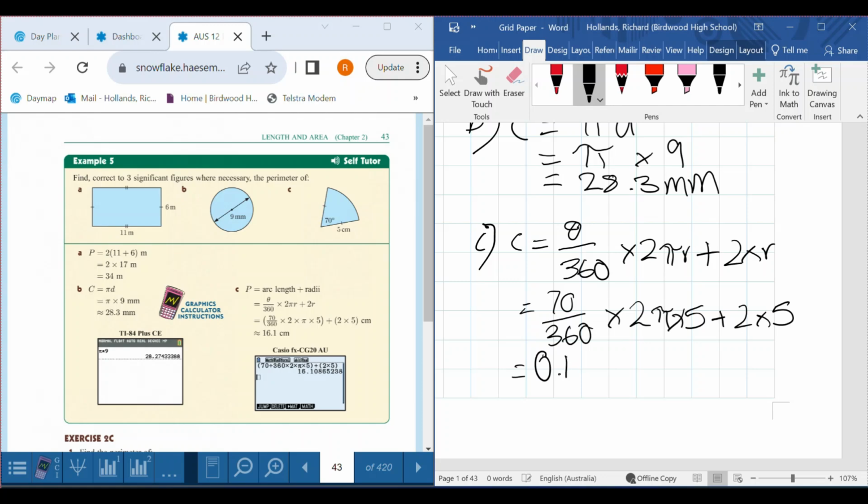All right, and then to work out this first bit, 70 divided by 360 gives us 0.19. Times that by 2 pi r, plus 2 times 5.